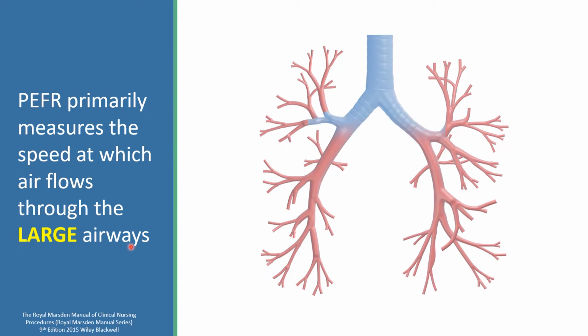I touched on this earlier when we very first started this module, when we did the basic structure and function. It primarily tells us how fast air is moving through these big airways, the large airways. It isn't very good at telling us what's going on down here at the bottom.